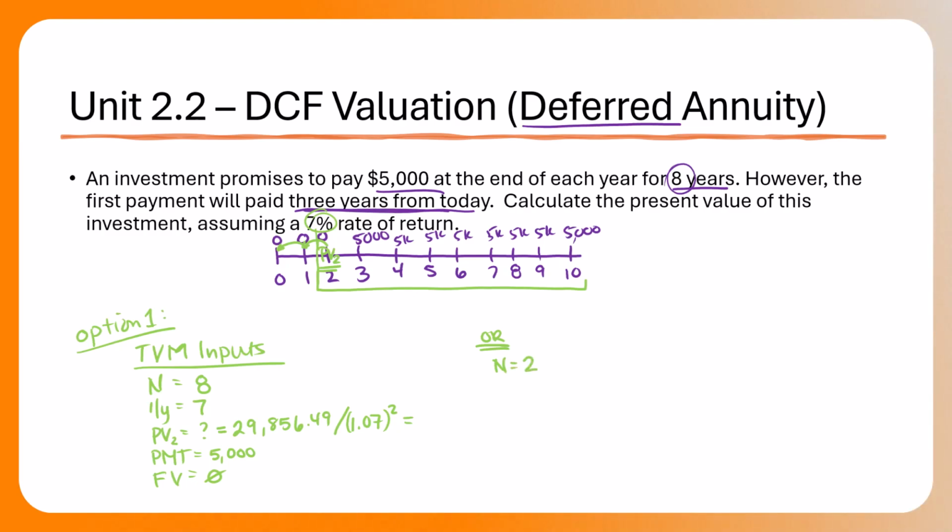You could put N equal to 2, I/Y equal to 7. PV is what you're trying to find at time 0. There are no incremental payments now because we have a lump sum cash flow. The value of that lump sum cash flow at time 2 is $29,856.49, and then solve for the present value.